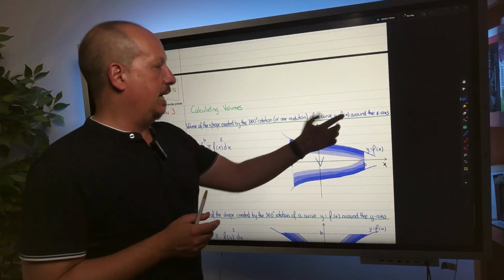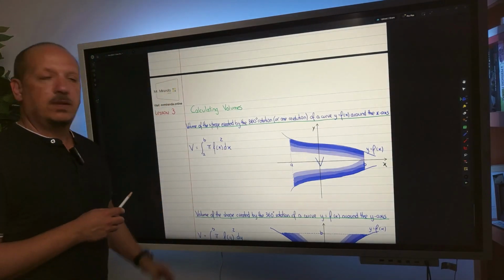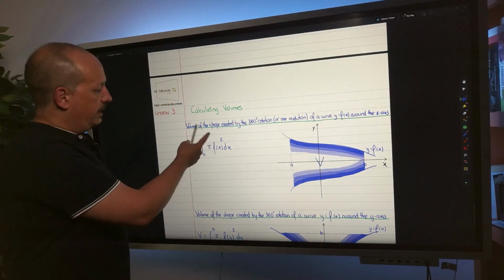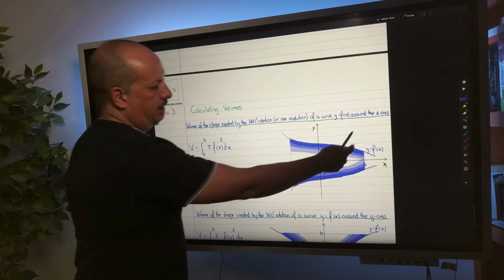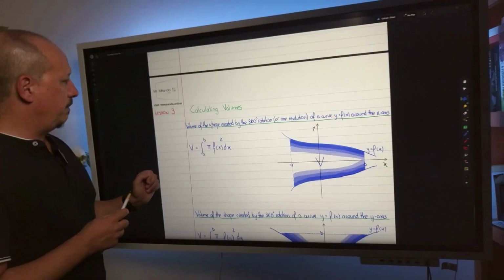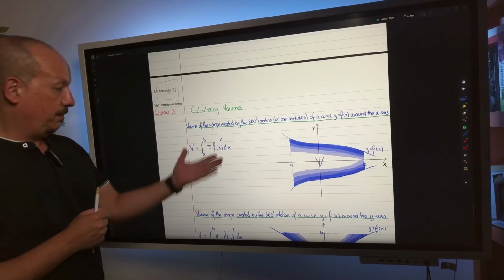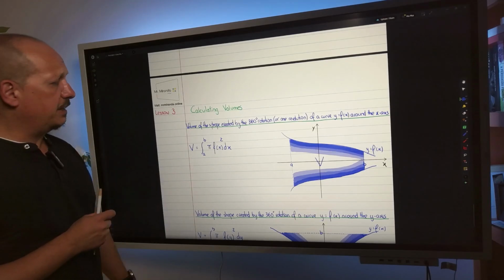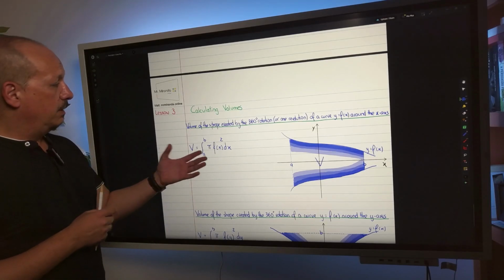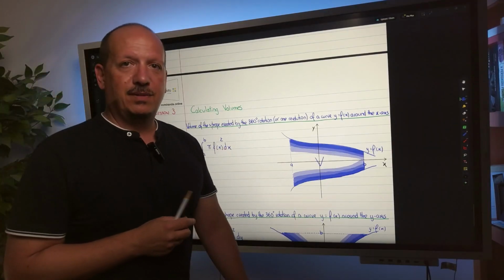Of a curve y equals f of x around the x-axis, you do this. Just know the formula. It is the integral between points A and B. A and B are the limits of integration. Of pi f of x squared dx. Just apply this, calculate it, and you'll have a number. That number is the volume.